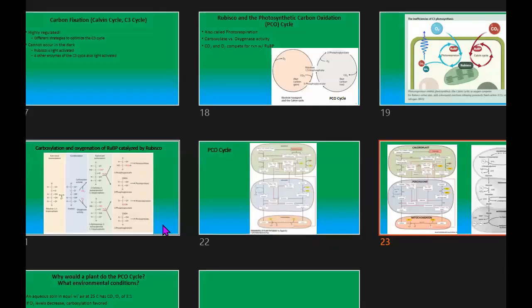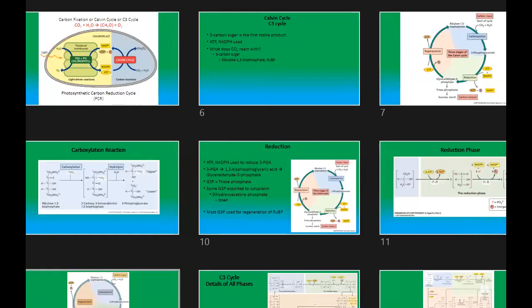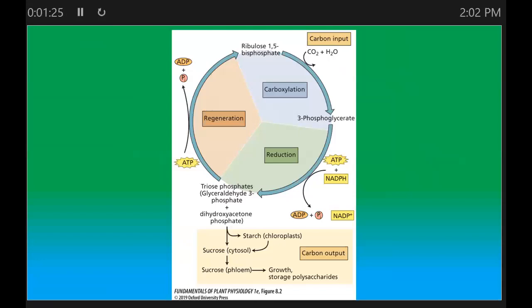If you have the CO2 coming in, then you run the C3 cycle, which is being shown here in the big picture kind of pie chart image of it, where you see the carbon dioxide coming in at the top right, and it is going to react with RuBP in the active site of the rubisco enzyme.